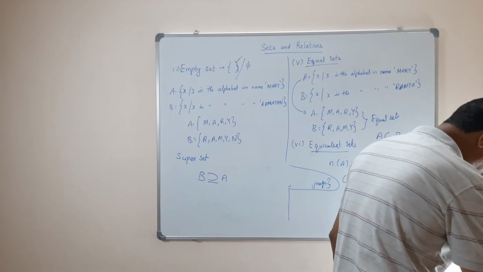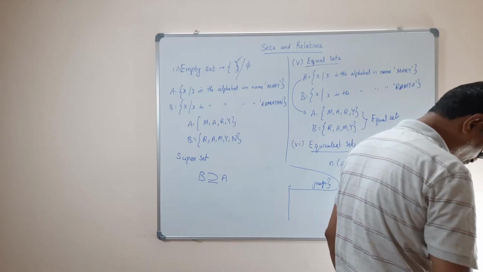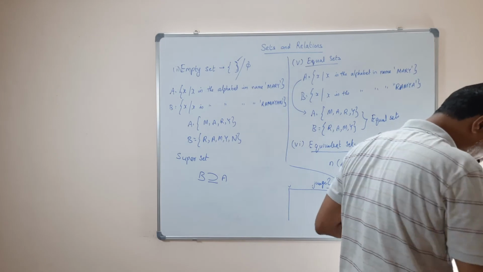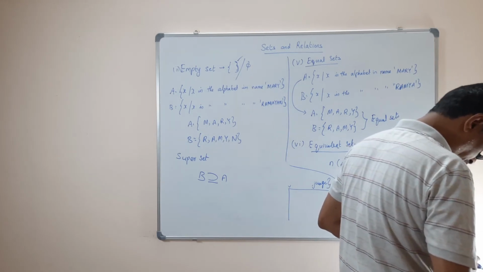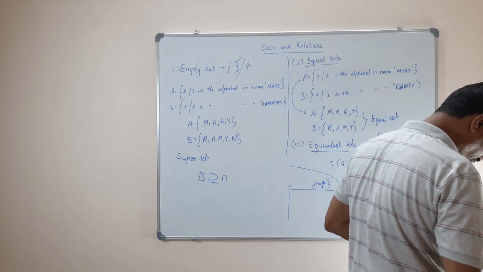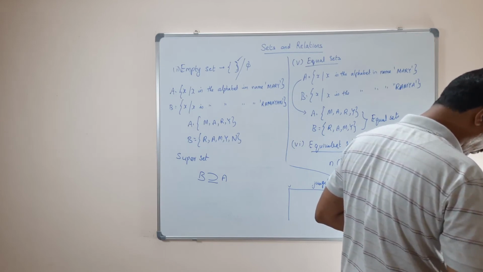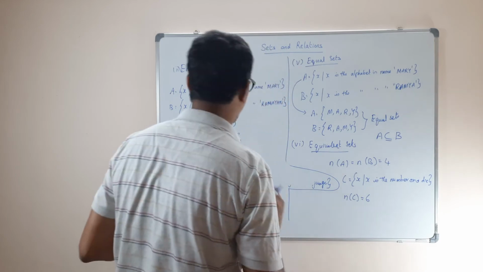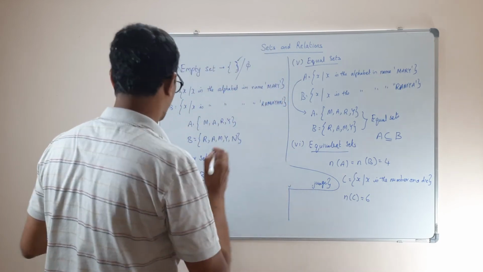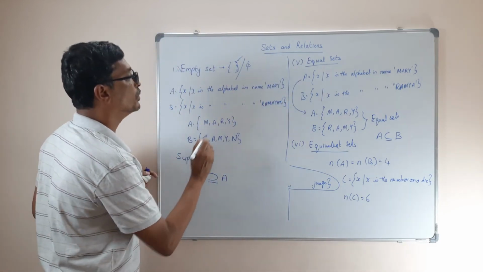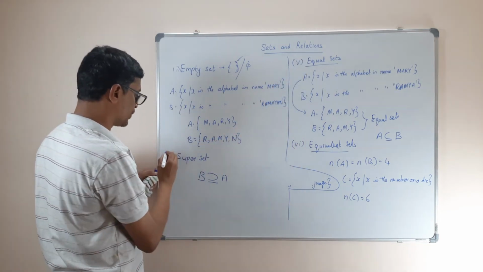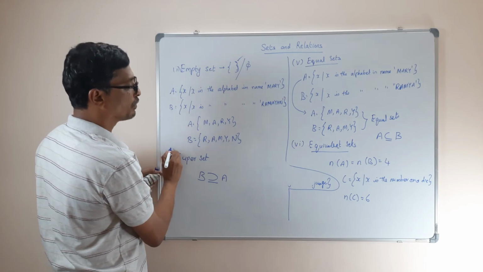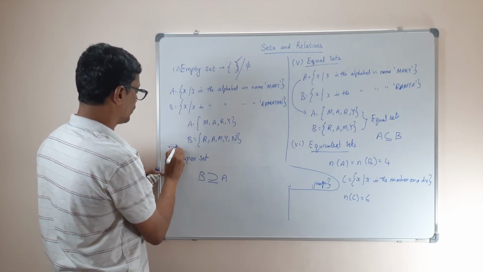Then comes the proper subset. That's important because I made a mistake and wrote the symbol for proper subset earlier. Let me write this down. I lost the number. One was equal sets, equivalent sets. Then we had subset, which was 7.